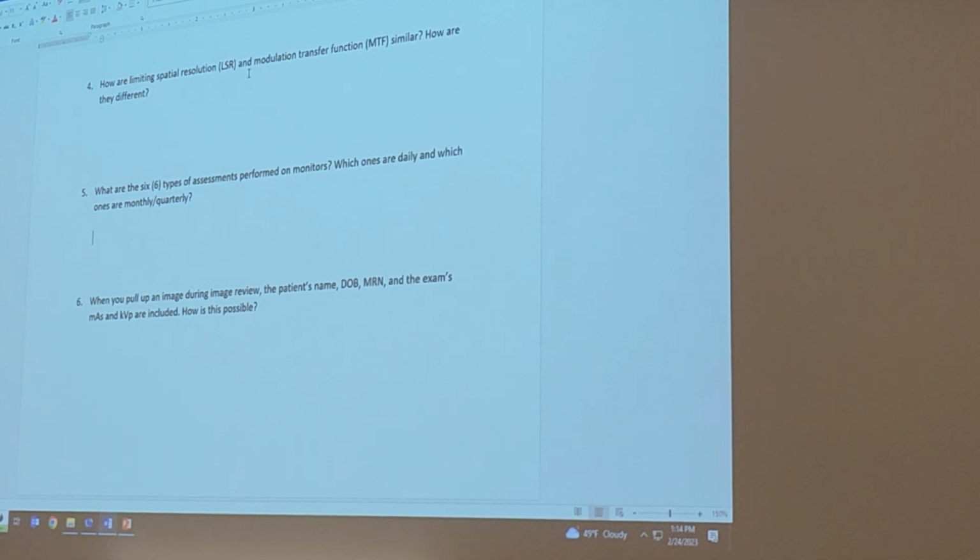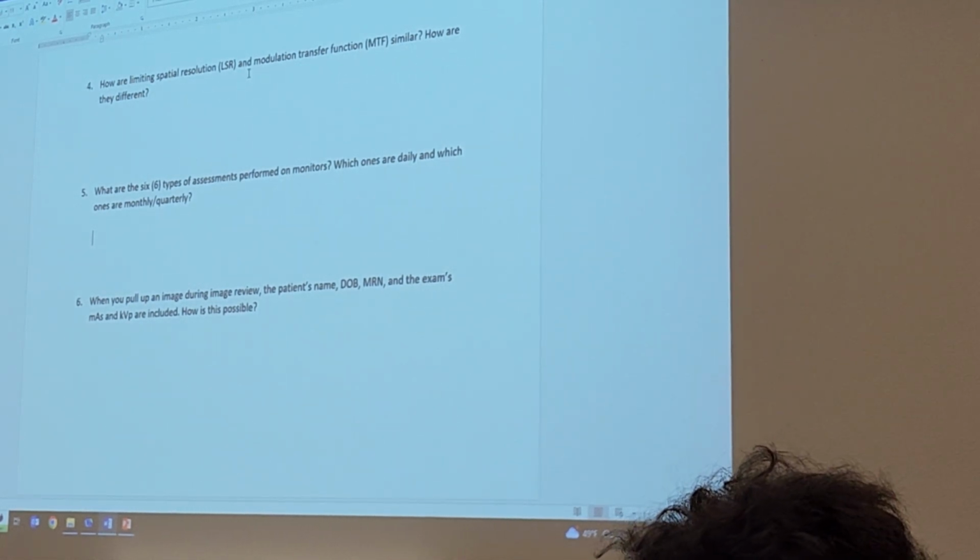Charo, number 6 here. When you pull up an image during image review, the patient's name, date of birth, medical record number, and the mAs and kVp of the exam are all included. What makes this possible? This is possible because of DICOM, Digital Imaging and Communication in Medicine standards. Good.